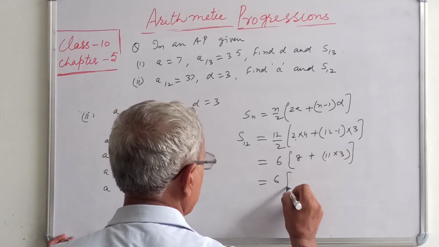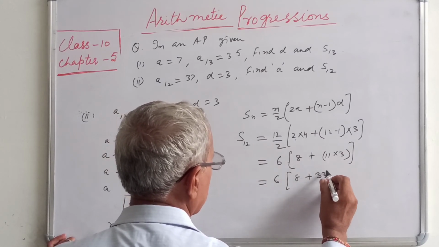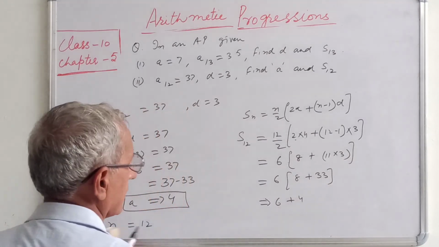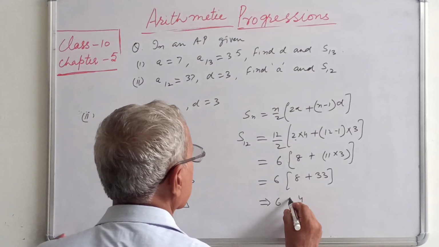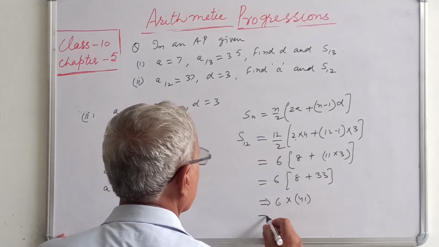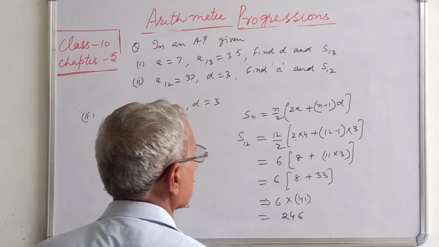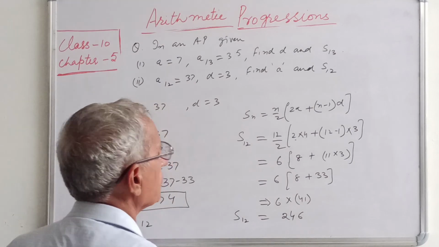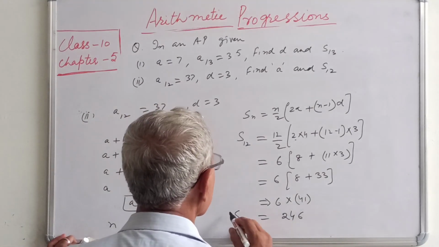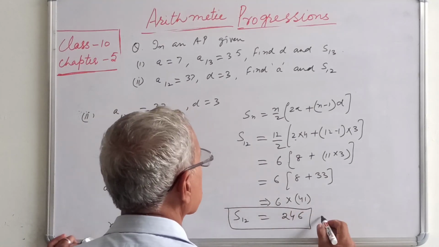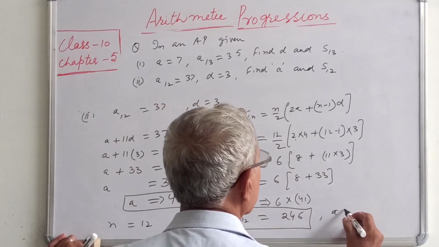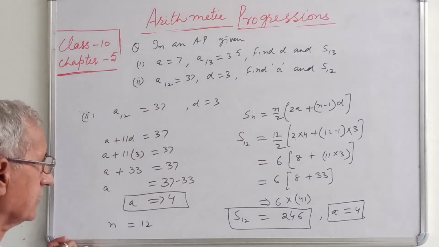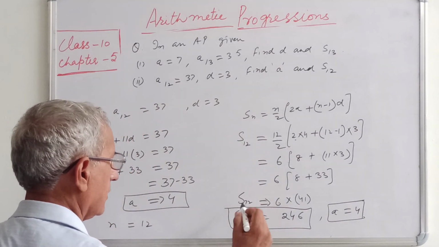So 6 into 8 plus 33. So 6 into 41. So 6 times 41 is 246. So S12 is 246, and the value of A is 4. These are the two answers. A is equal to 4 and S12 is 246.